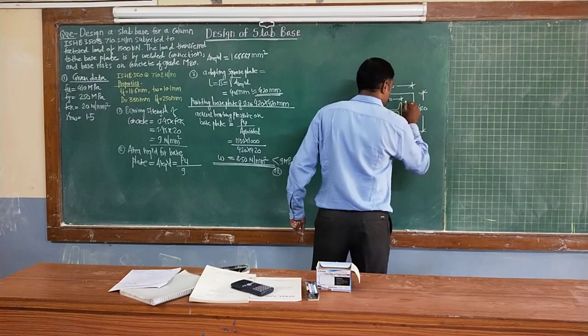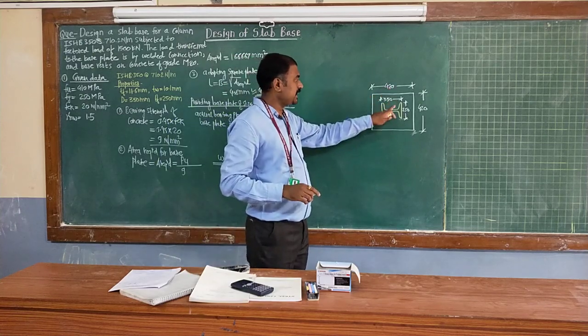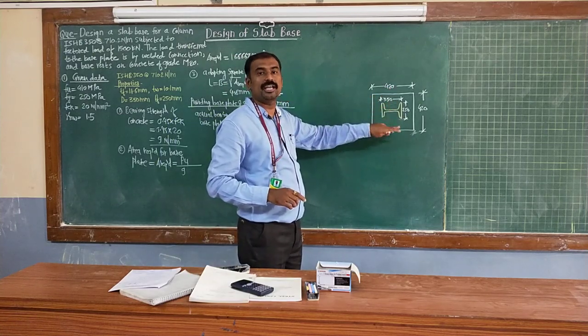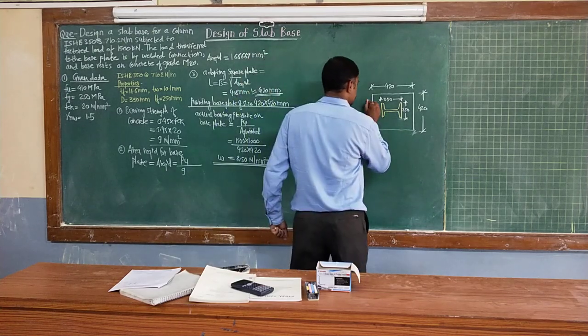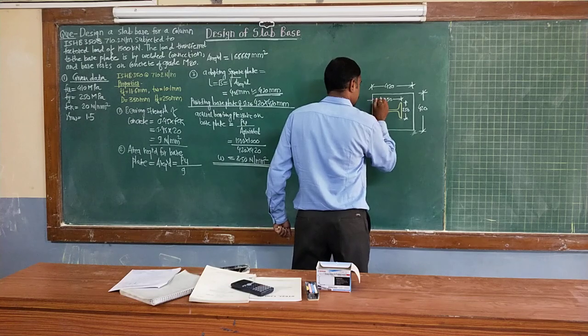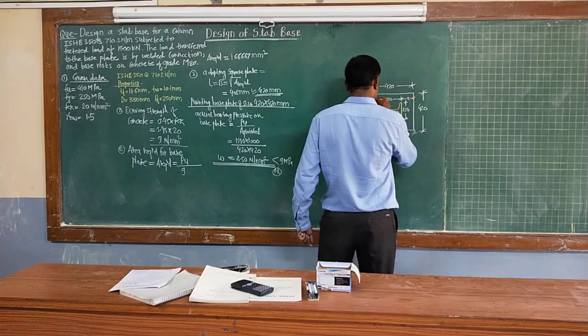These two are known values to us, and using the dimensions of the base plate and the dimensions of your rolled section, you need to calculate the projections. So I will show the projection here. This is the A projection. Again from this side this is the A projection.